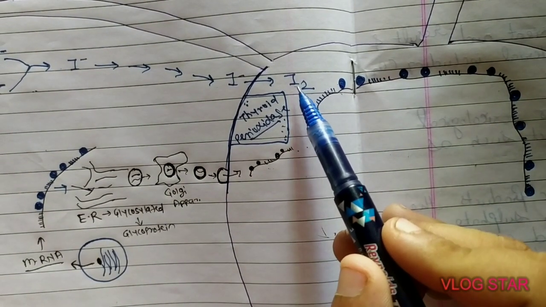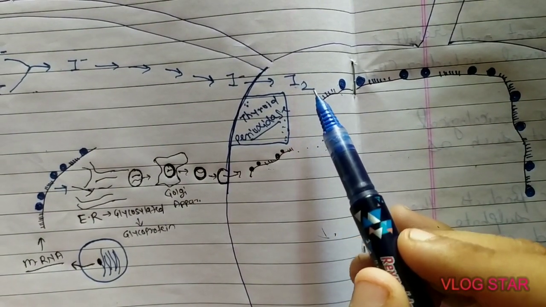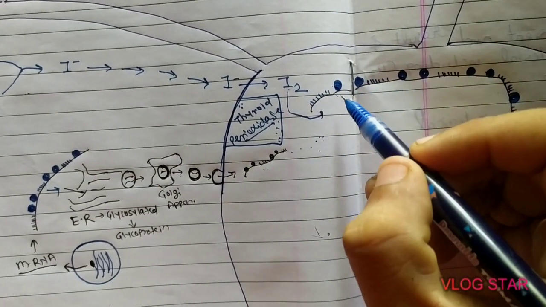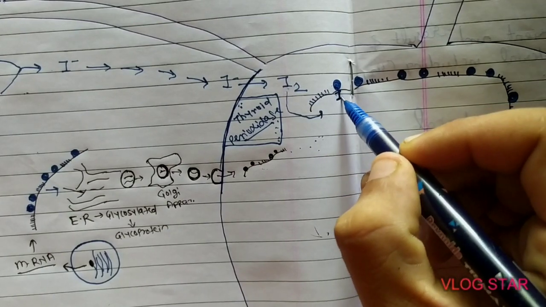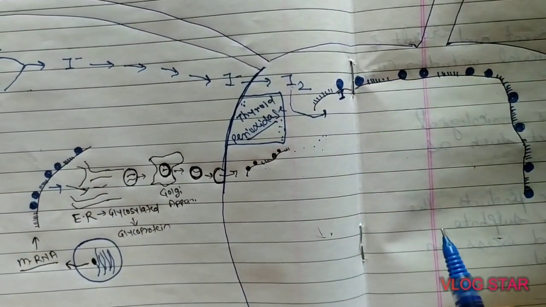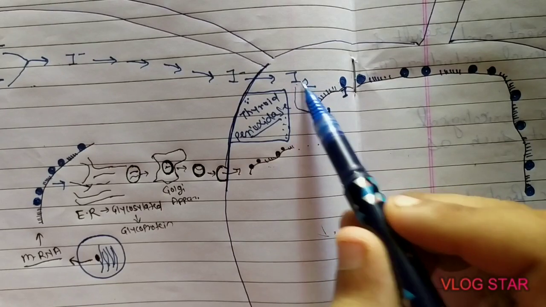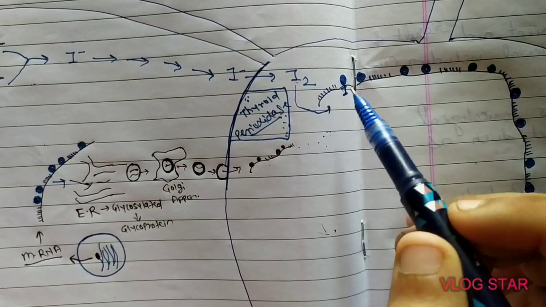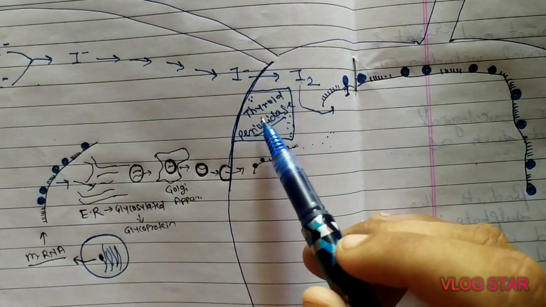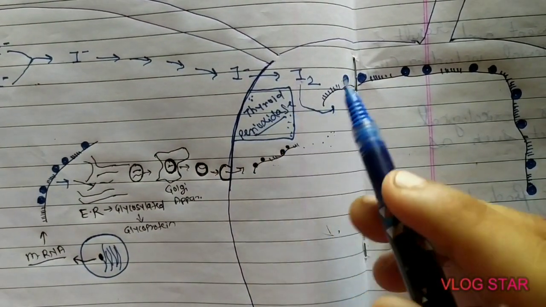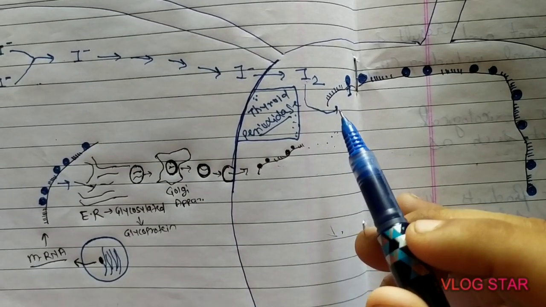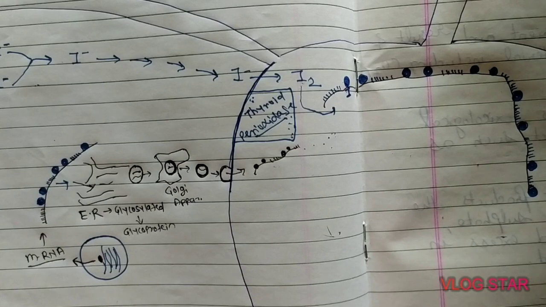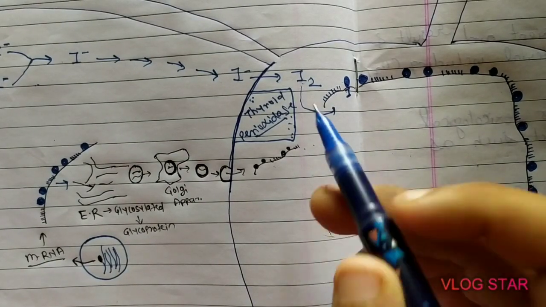This is the iodine, and organification of iodine is when this iodine comes and finally binds with the tyrosine molecule. Once this iodine binds with the tyrosine molecule, the iodine gets organified. So the second function of the thyroid peroxidase enzyme is the organification of the iodine molecule.